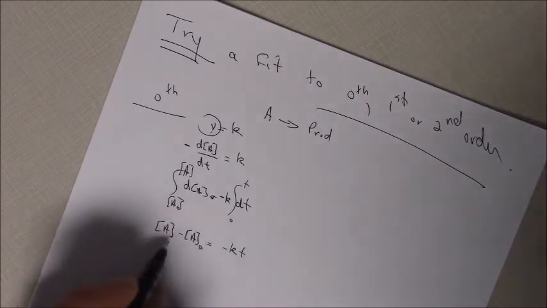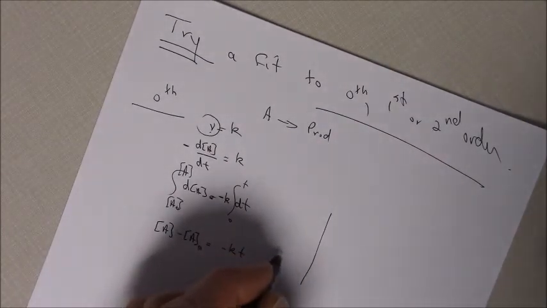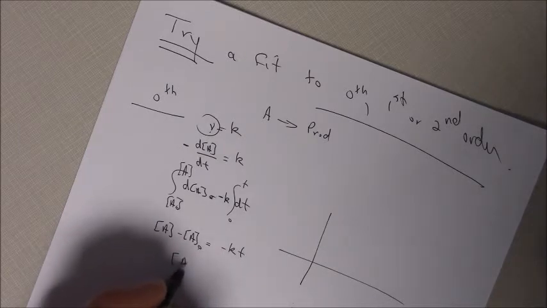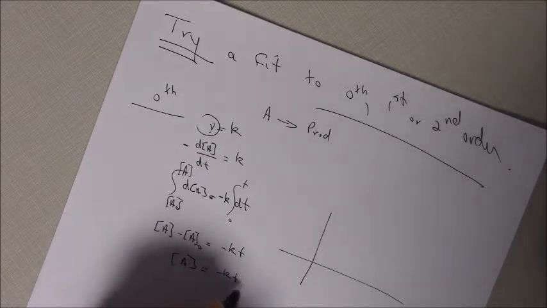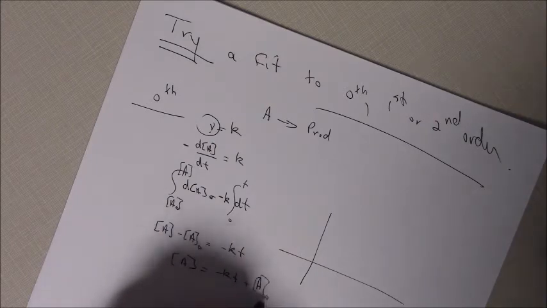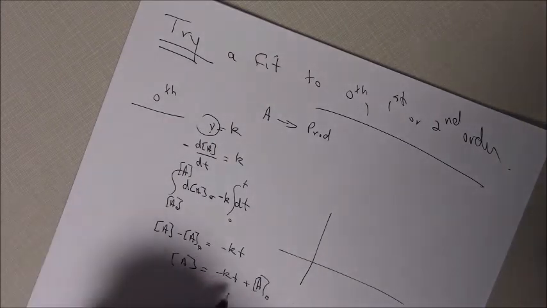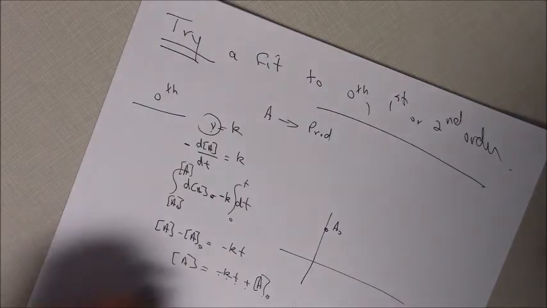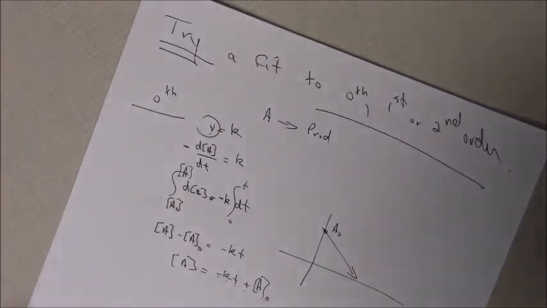What does this say? If you were to graph this, it comes over to this side: A equals negative kt plus A naught. So you have a negative slope. This is mx plus b. You're starting at some initial concentration and it goes down.